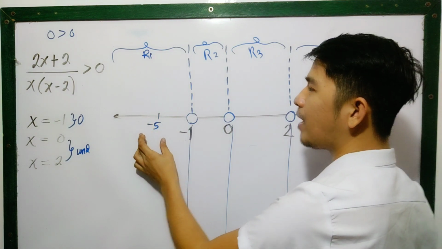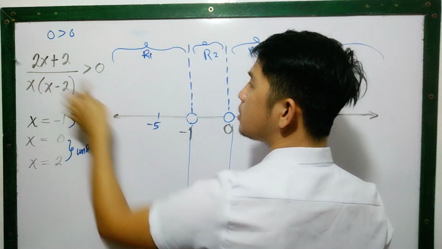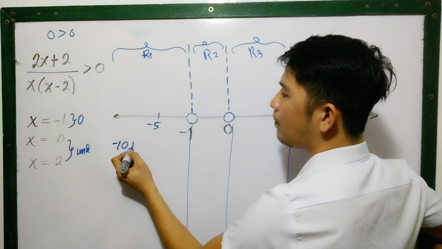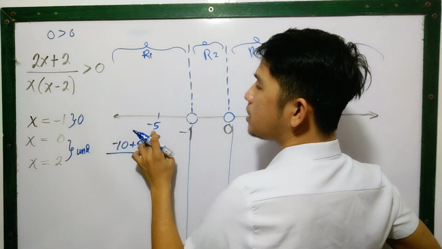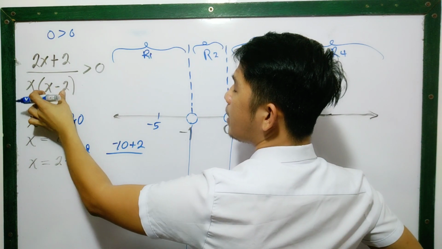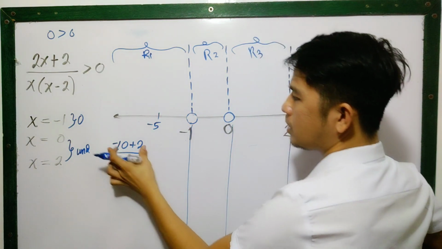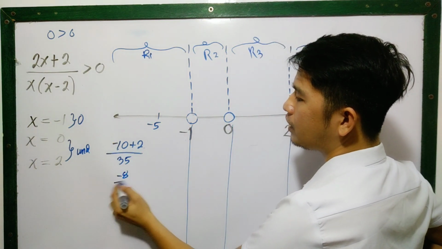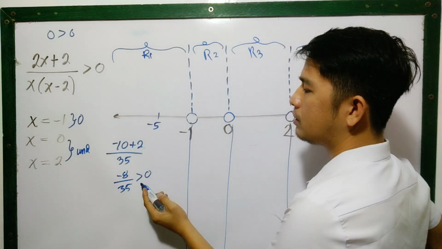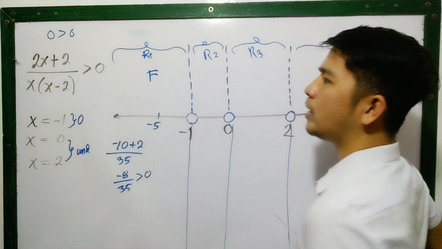Ang x natin is negative 5, substitute natin sa x, check natin kung magiging true or false. So, 2 times negative 5 is negative 10 plus 2, all over negative 5 minus 2 is negative 7. Negative 7 times negative 5 is positive 35. So, this is negative 8 over 35. Is this greater than 0? False. So, therefore, this is not included.